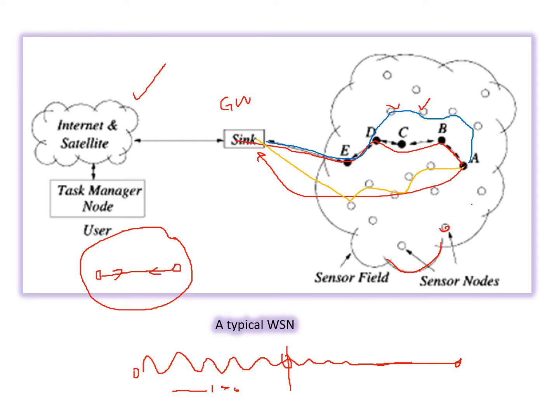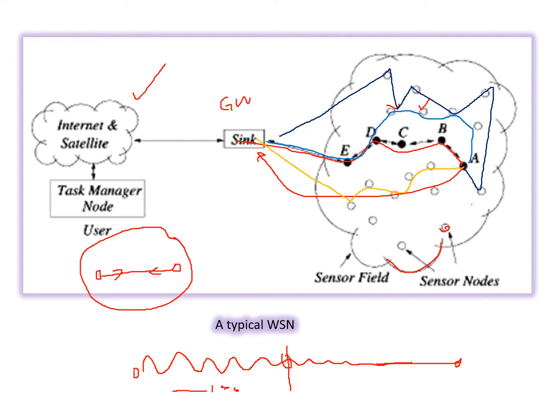We might have this path. So from A to the sink there are many paths. So which path should it follow? This is called routing. It is a process to select the best path from A to the sink in our case.